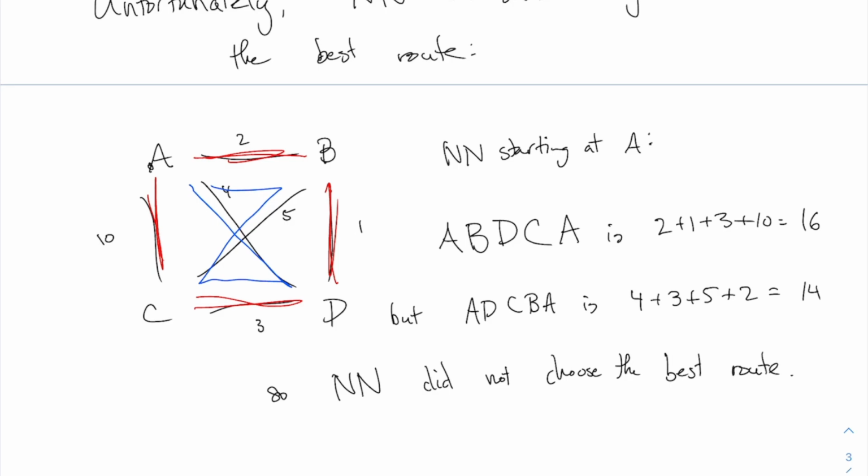Sometimes it happens. If you want the best route every time, you have to use brute force, which is impractical in the real world. But something's got to give. If you don't want to use brute force, then your method might be giving you bad results sometimes.